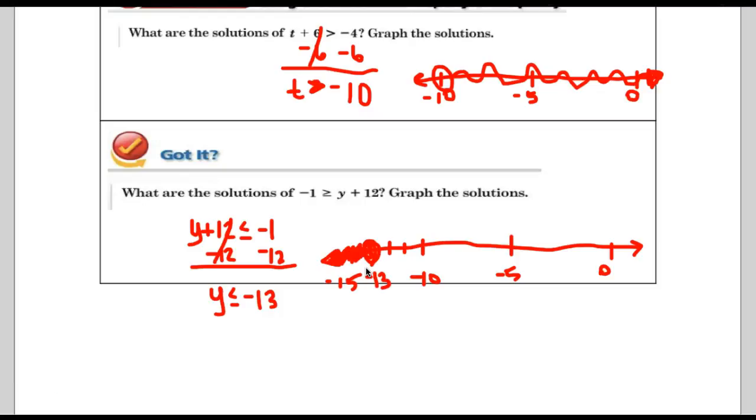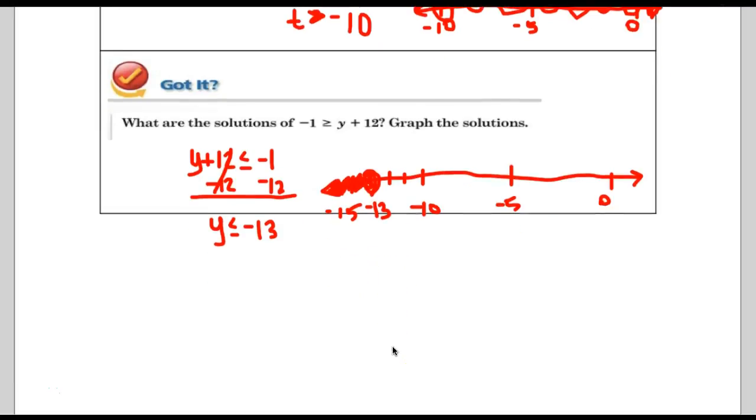Subtracting 12 from both sides gives me y is less than or equal to negative 13. And that is going to be a closed dot on negative 13. And going left, less is left, so going shaded to the left. If you have questions with that, go ahead and play it back. Otherwise, off we go again.